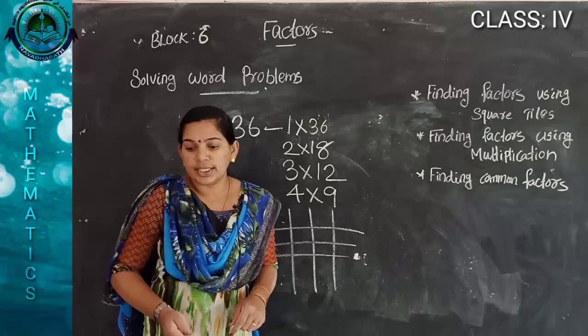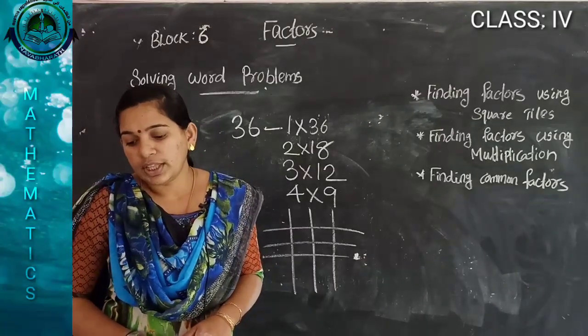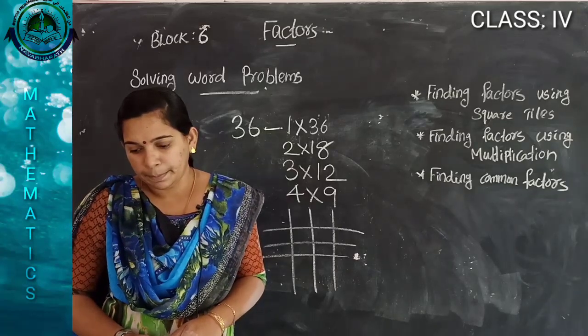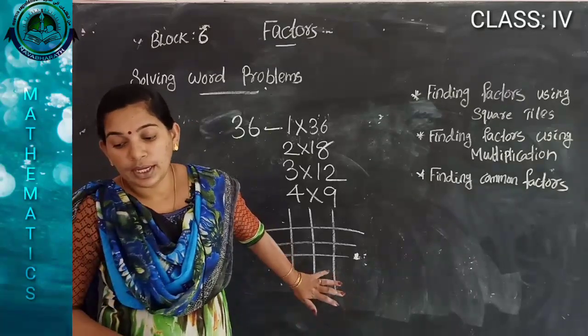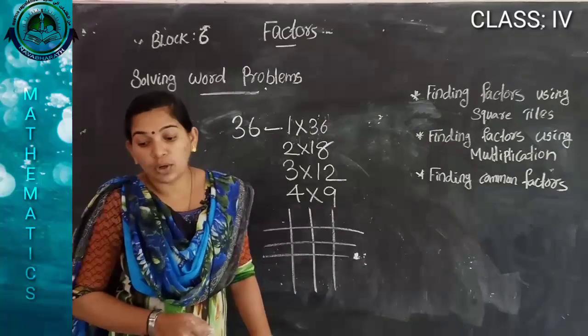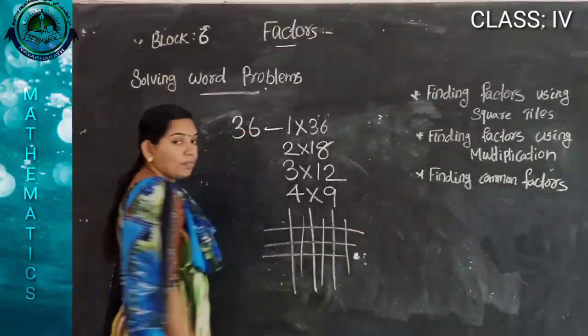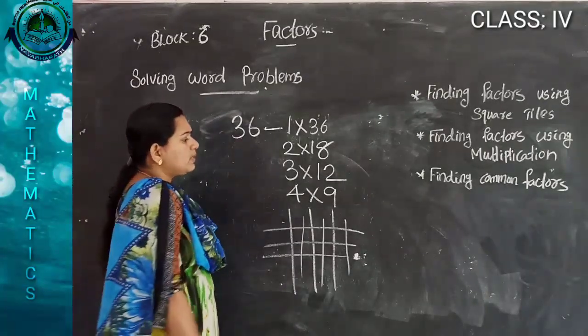One condition is there. What is that condition? An equal number of cars in each column. So which are the possible cases here?